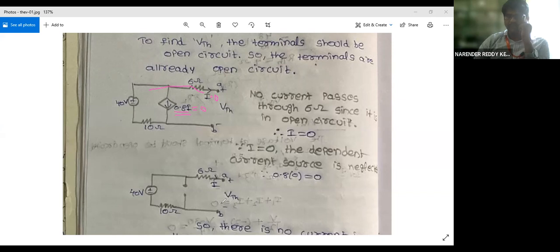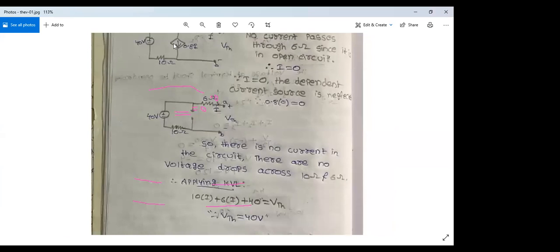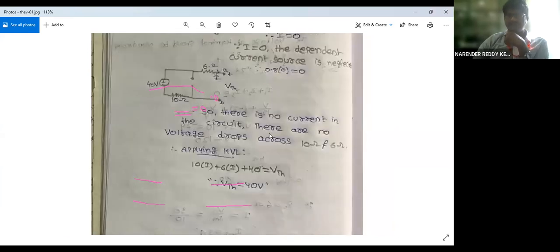So this will be the equivalent circuit, and since there is no current flow in the 6 ohm or 10 ohm resistor with this open circuit, whatever voltage appears here will appear across these plus and minus terminals. Am I clear? So what's the value of VTH now? 40 volts. The same 40 volts will appear across terminals A and B.